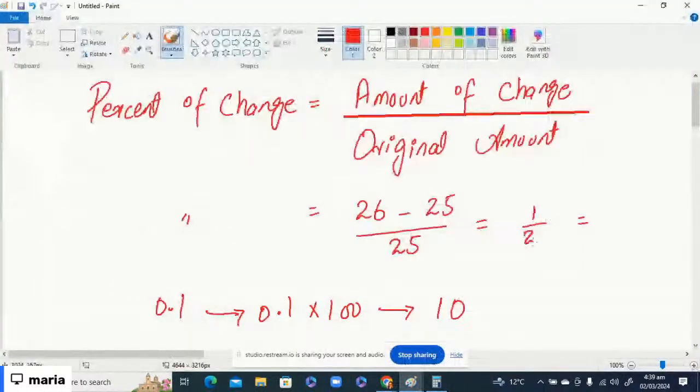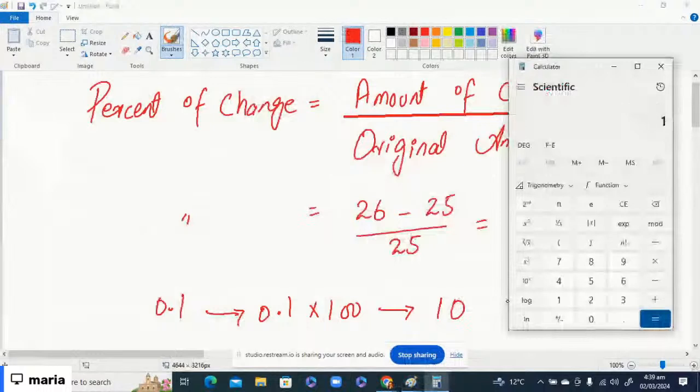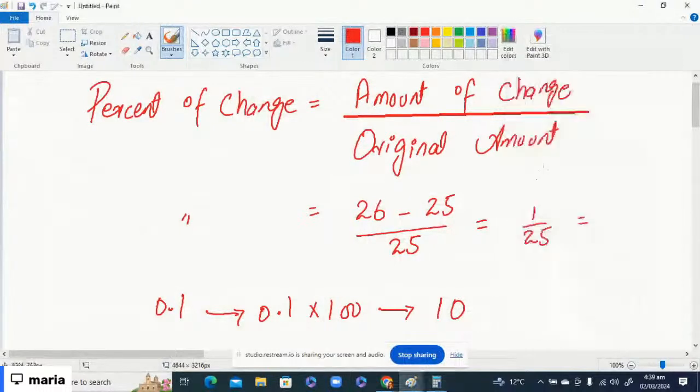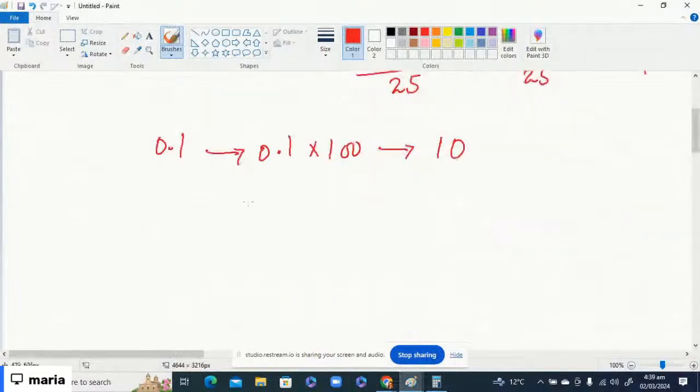So 1 over 25, what is the answer? Let's check. This is 0.04. And when you convert 0.04, multiply it with 100, then let's check.